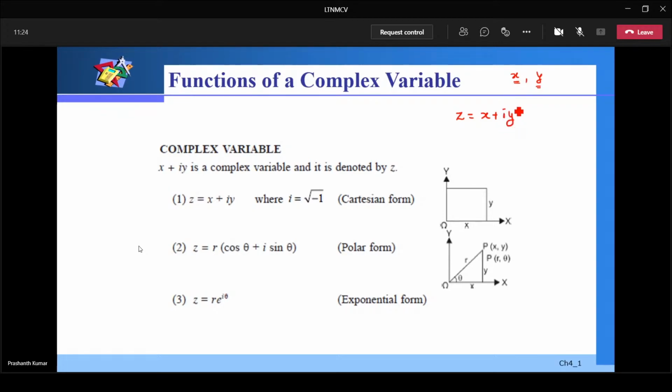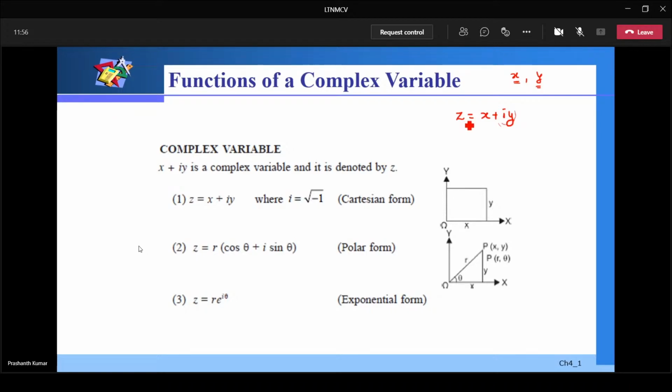Therefore iy is the imaginary part of the number. x is a variable, y is a variable, iy is an imaginary variable. So x plus iy is a complex variable, z is equal to x plus iy. This complex variable is denoted by z.